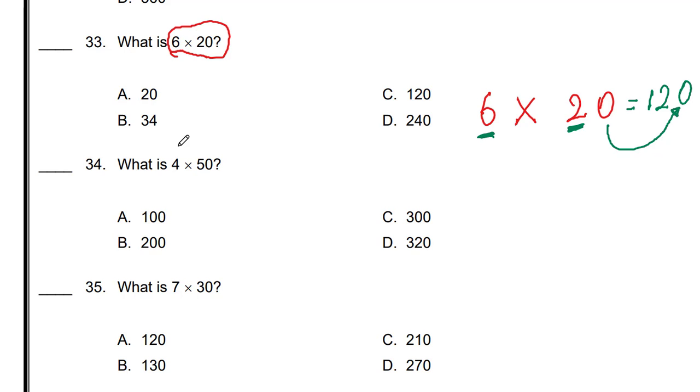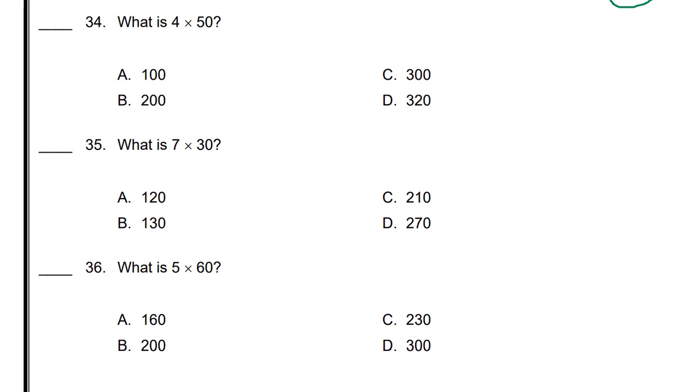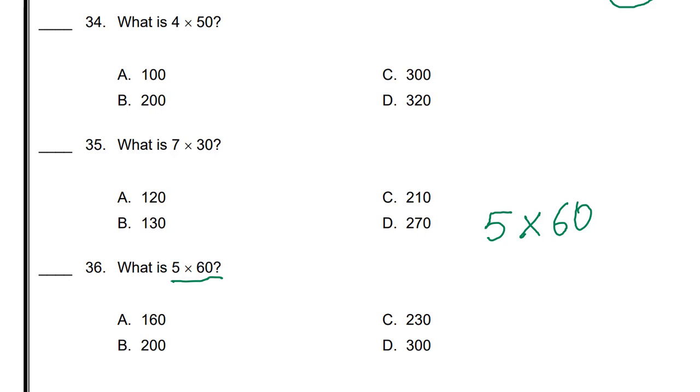Great work. And the same for all questions here. As you can see, let's try another one. Let's try this one. 5 times 60. Abdullah? Yes, Abdullah, go ahead.